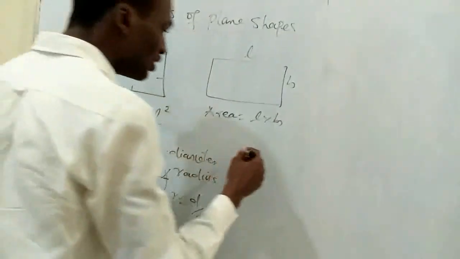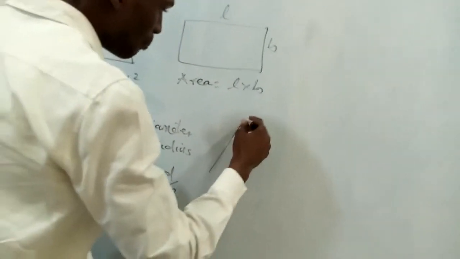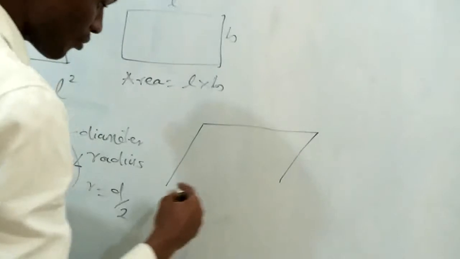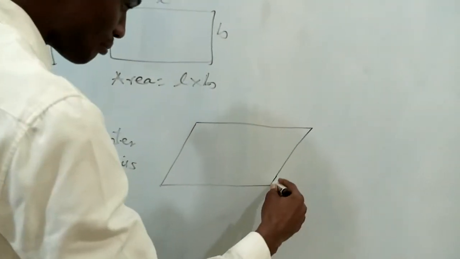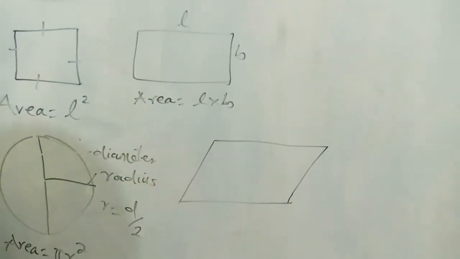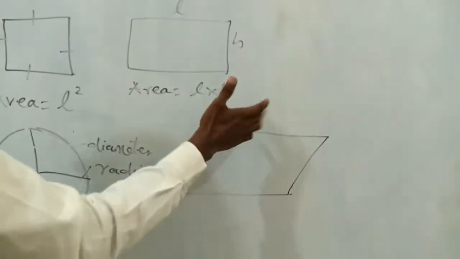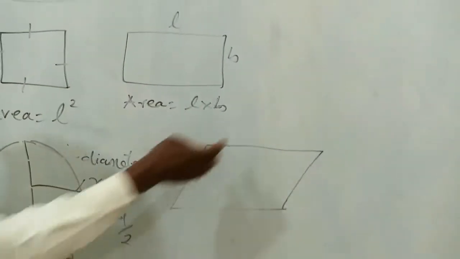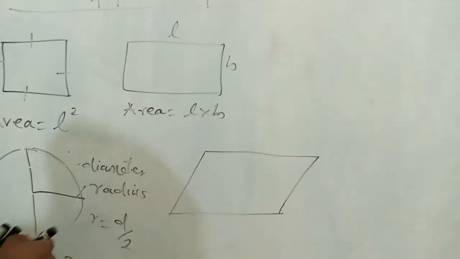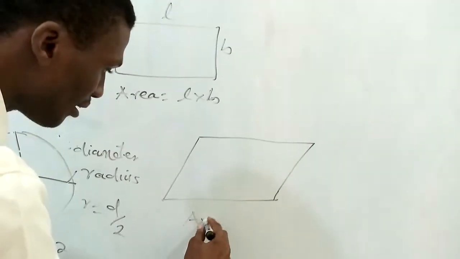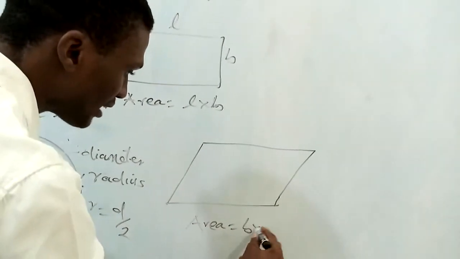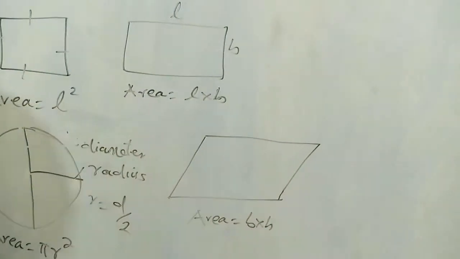We have another plane shape called the parallelogram. Just like the rectangle, it has 4 sides. Opposite sides are equal and parallel, and it has the formula base times height.